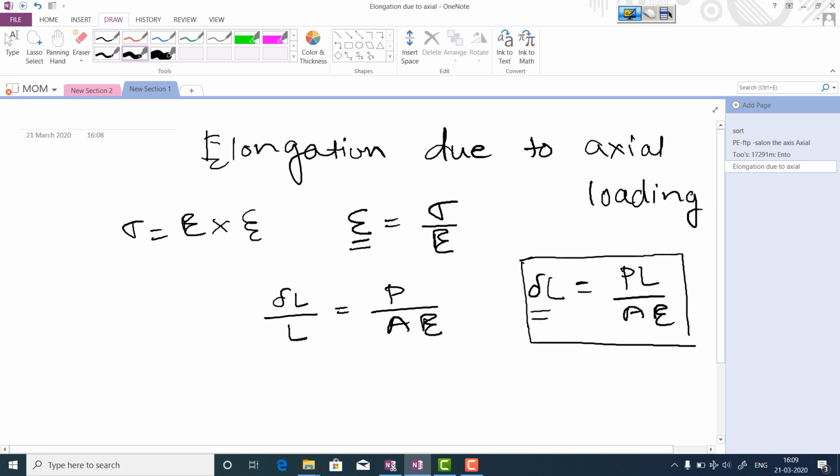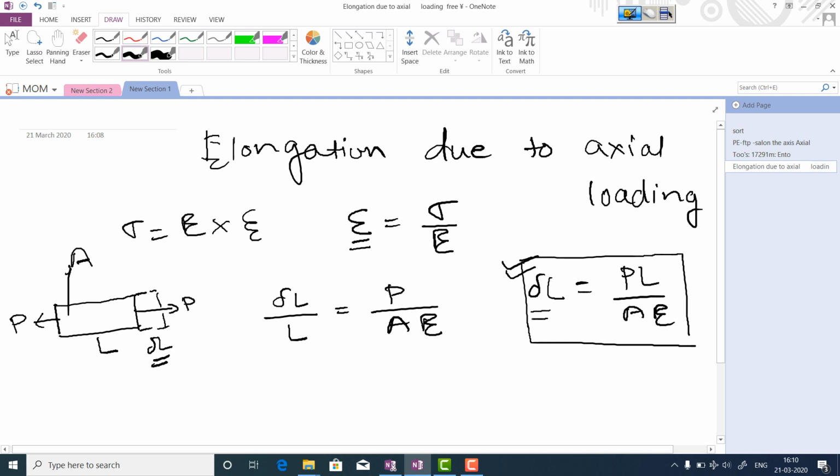For example, this is an element. On this element a load P is acting. This is the length, and it has a uniform cross-sectional area A. Now the change in length, delta L, because of this load P, will be given by this equation.